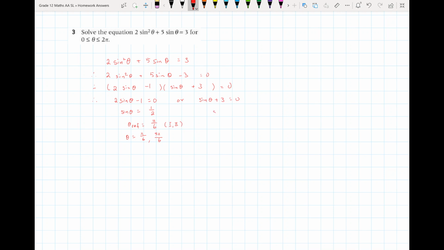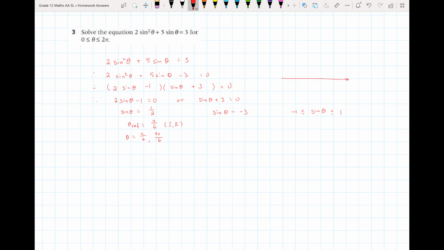Now onto the right-hand side. When we isolate this part here, notice that sine theta can never go below -1. So this is the range for sine. Sine has to be between -1 and +1.